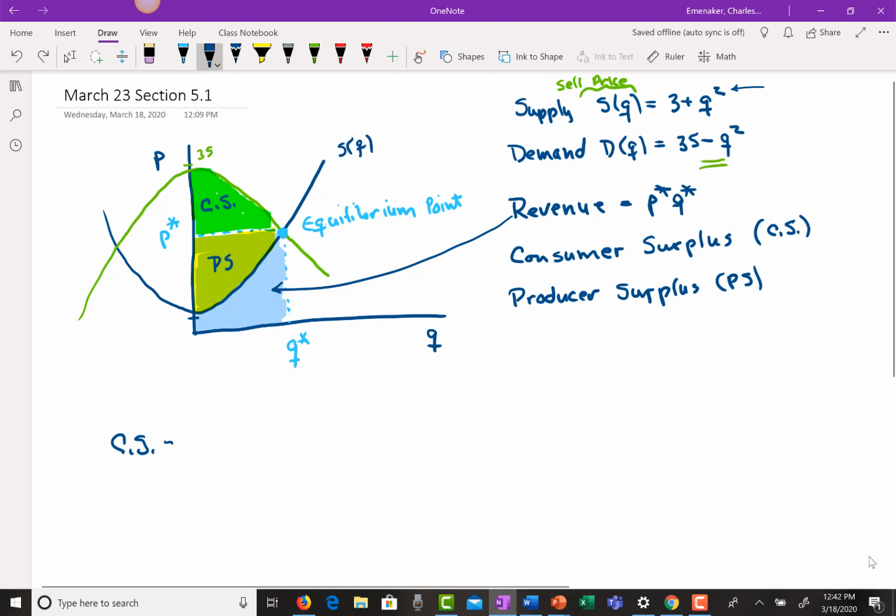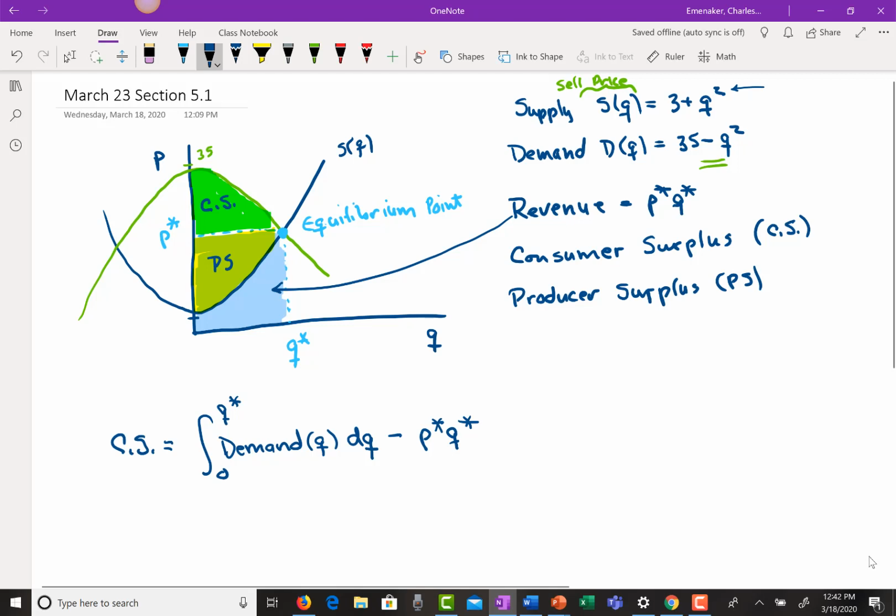So what's going to wind up happening is, to get all of that area underneath the demand curve, we're going to integrate from 0 to Q star. Q star gets us over to the equilibrium point, and we're going to integrate our demand function with respect to Q, and then from that we're going to subtract the revenue, P star, Q star.